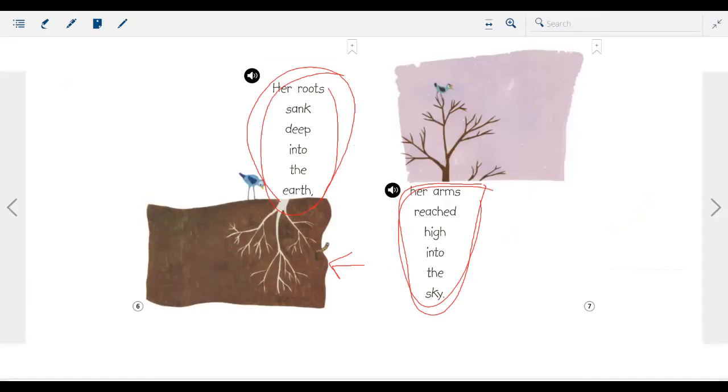So these words look like the top of the tree, and these words look like the roots of the tree, right? So the shapes are of the tree and of the roots. Do you see that? All right, let's go back.